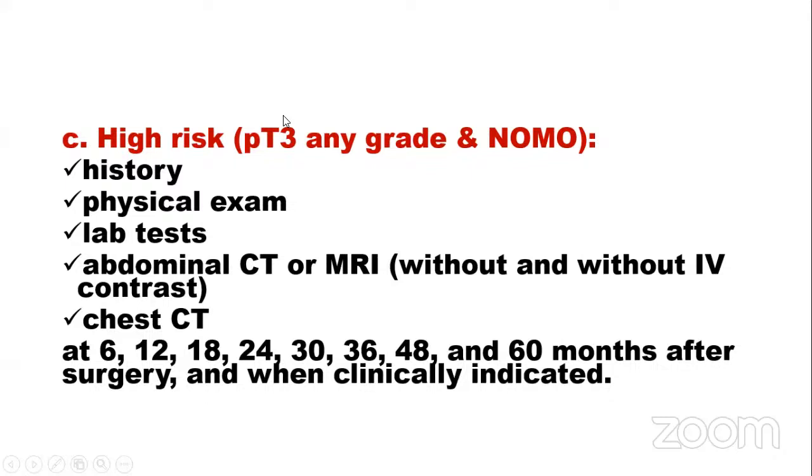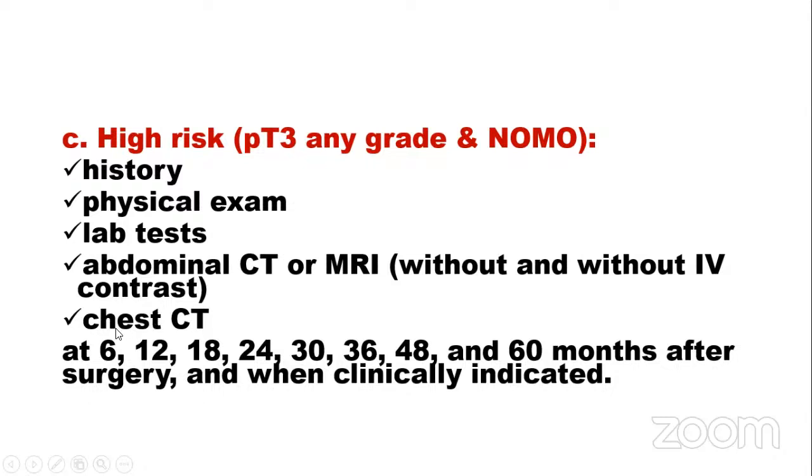The high risk, that's pT3, any grade, no lymph nodes and no metastases, N0, M0. We will do history and examination, lab test, abdominal CT or MRI with or without contrast, and chest CT. In this patient with high grade, we will do chest CT, not chest X-ray as in the previous low or intermediate risk.